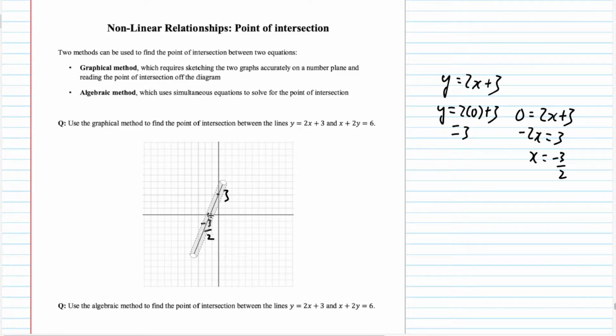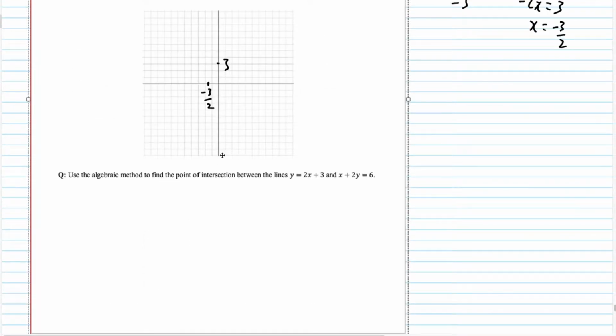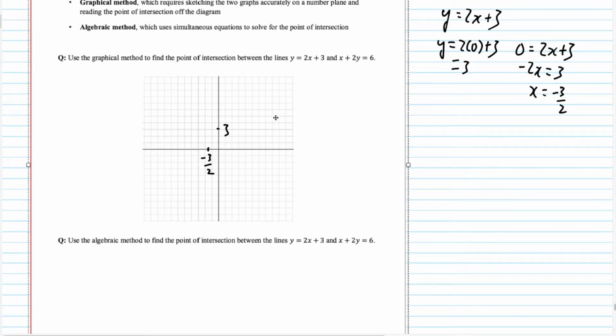Okay, that's not the best, but try again. Straight line. Okay, the graph will look something like this.